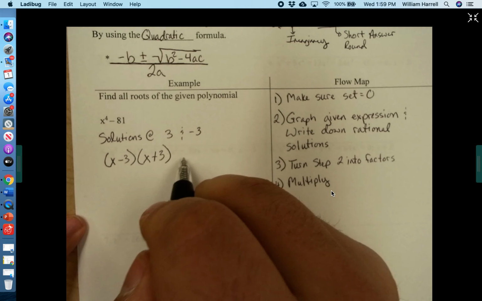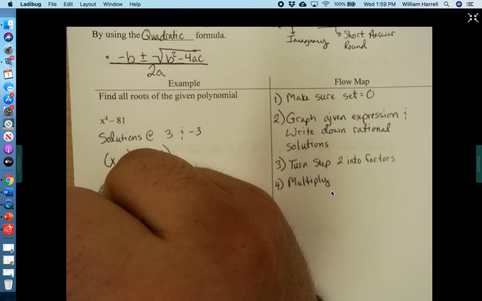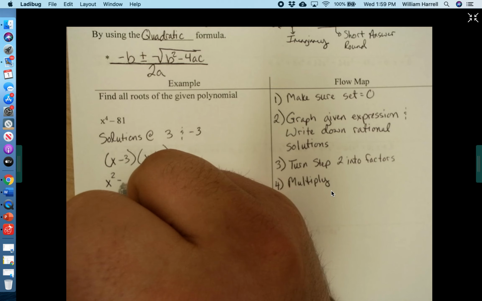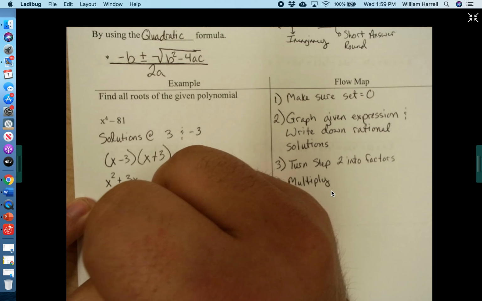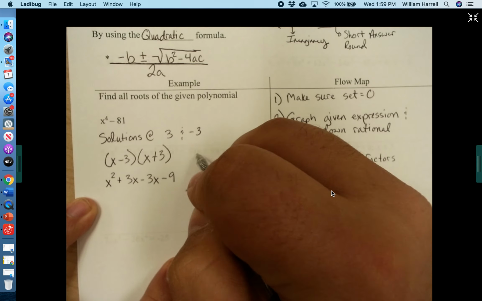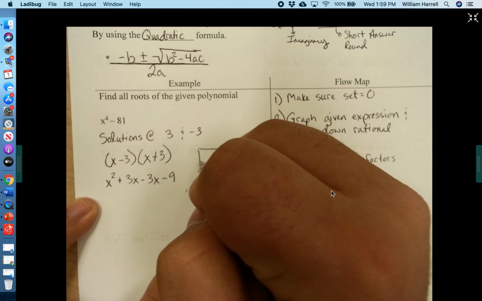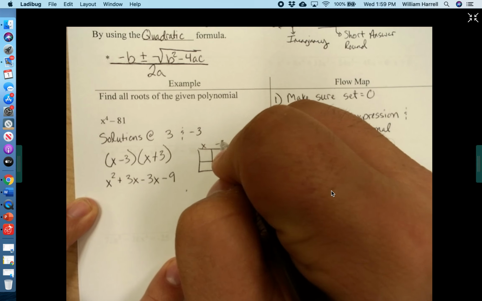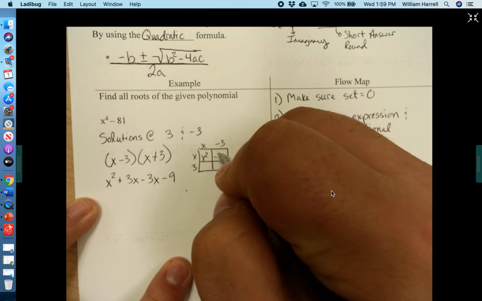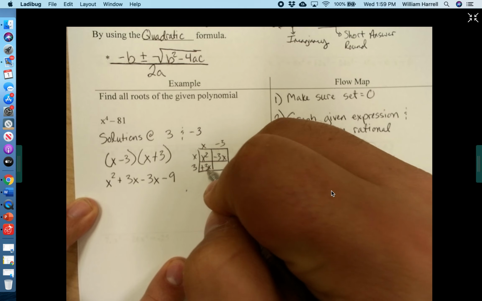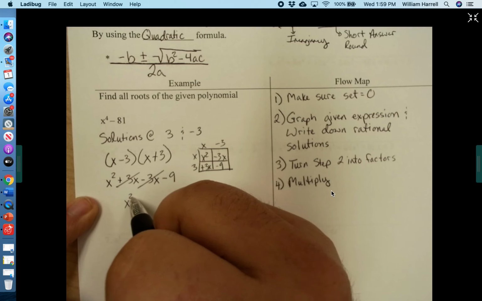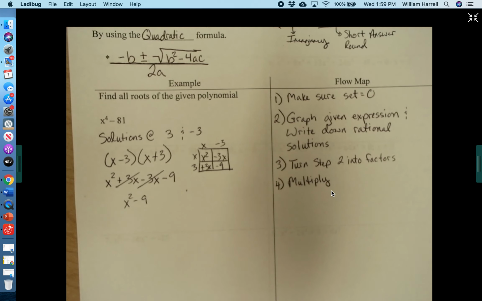When I multiply these, I get x squared plus 3x minus 3x minus 9. The way I do this is the box method: x minus 3, x plus 3, x squared minus 3x plus 3x minus 9. Simplifying, I'm left with x squared minus 9.